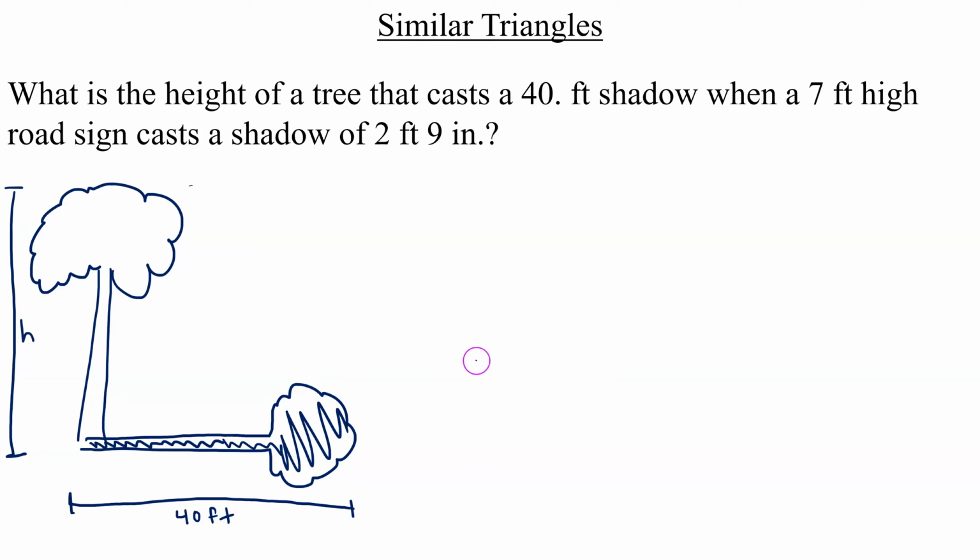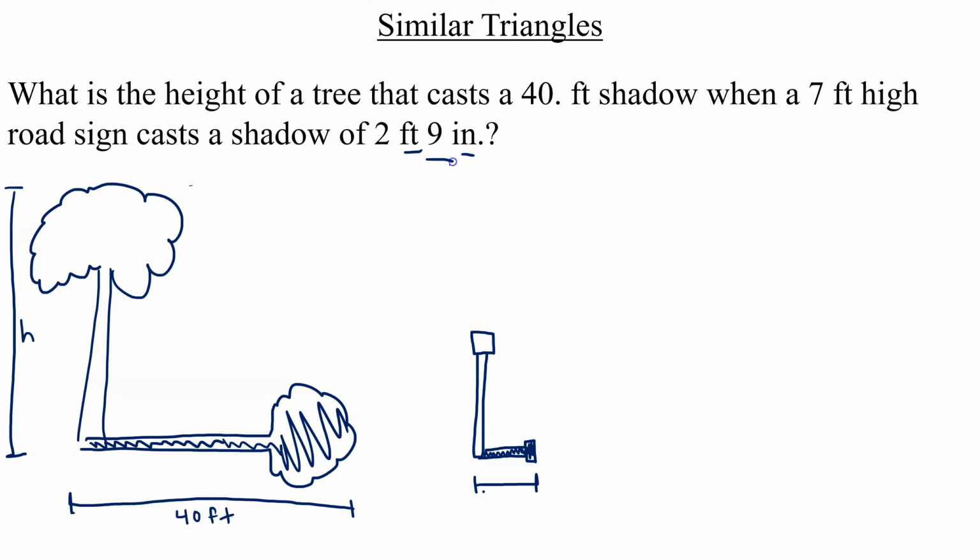And we're also told that we have a 7-foot high road sign, and it casts a shadow of 2 feet 9 inches. Rather than writing 2 feet 9 inches, since that uses 2 different units, feet and inches, I am going to convert this into feet since our tree was reported in feet.